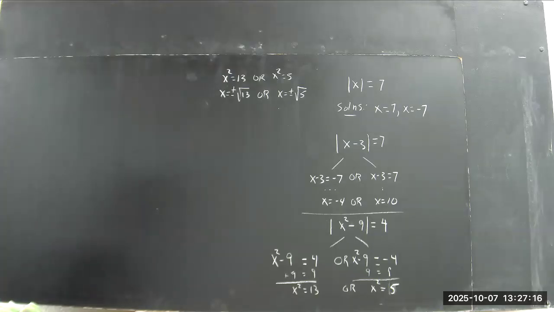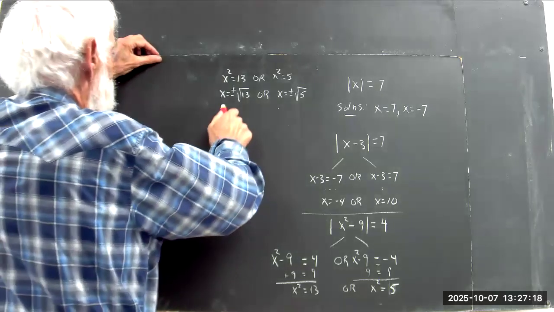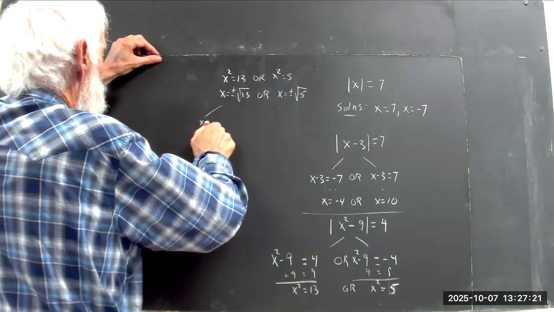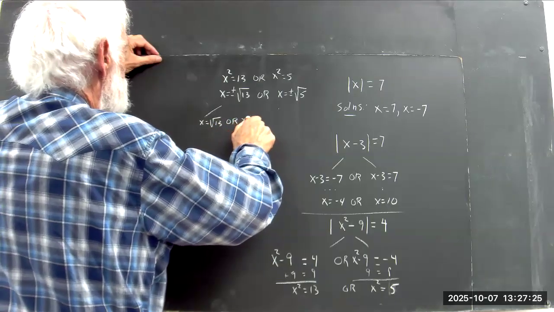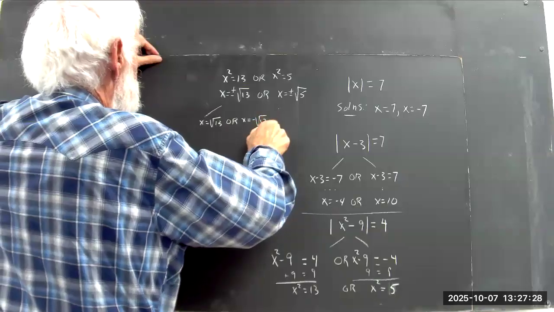Now that plus or minus really means two things. It means x could equal the square root of 13 or x equals negative square root of 13.